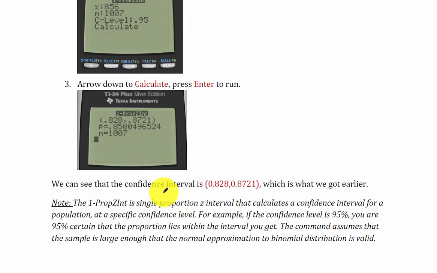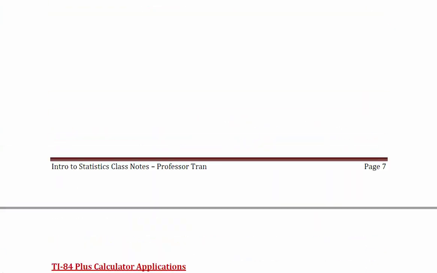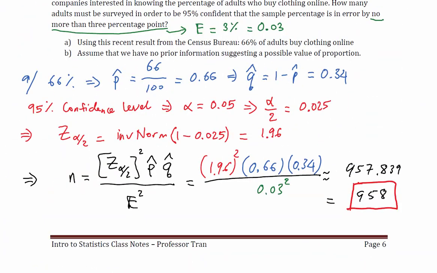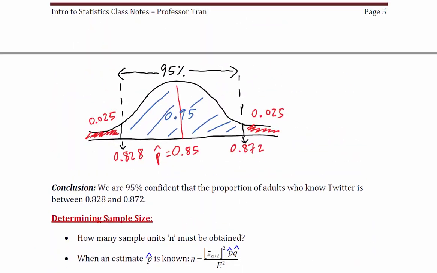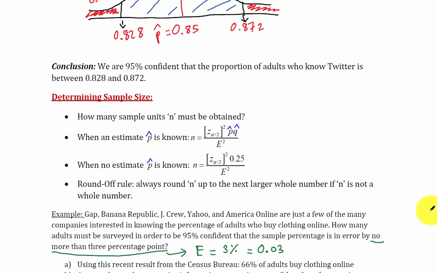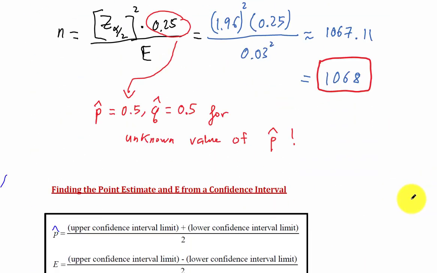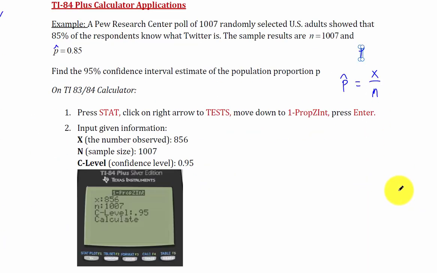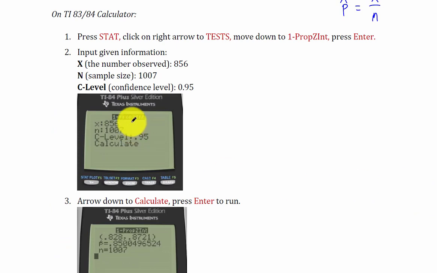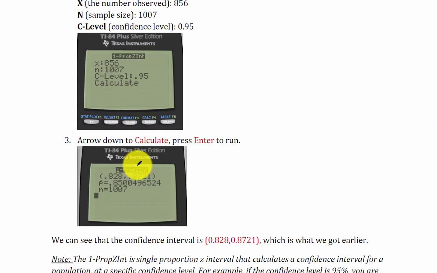So we can see that the confidence interval is from 0.828 to 0.872, and this is what we got earlier, the same thing. Let's check that to make sure we got the same thing right here, 0.828, 0.872, same thing, but now it's much faster for us to use the TI-84 to check the answer.